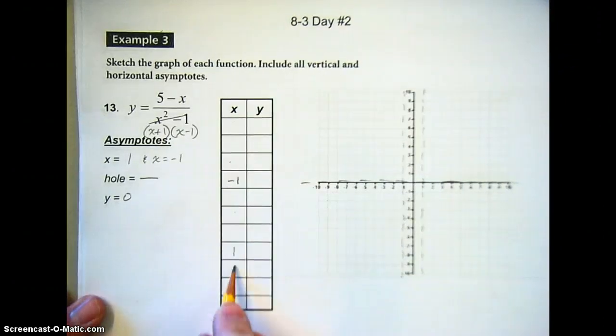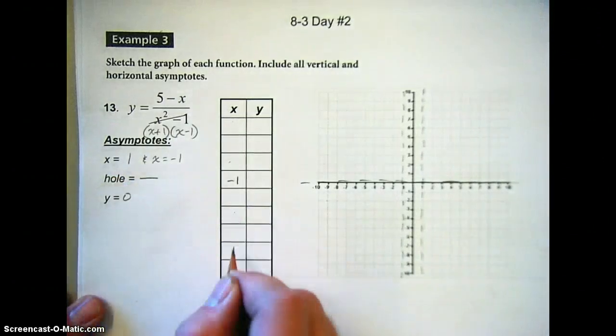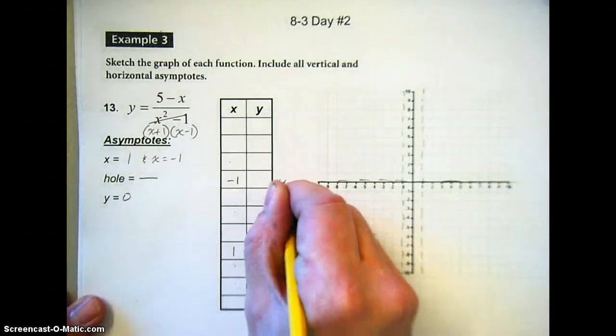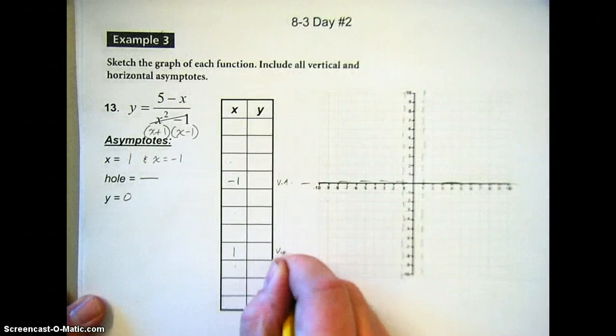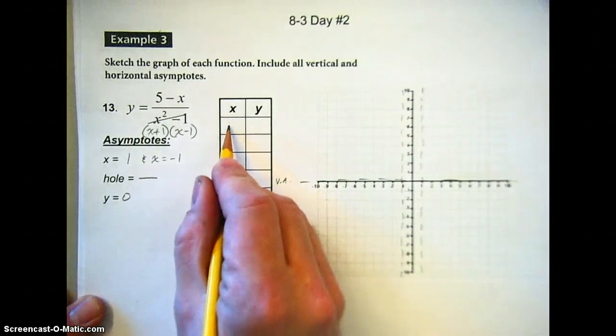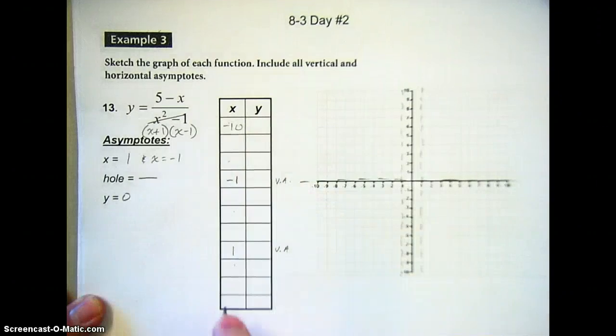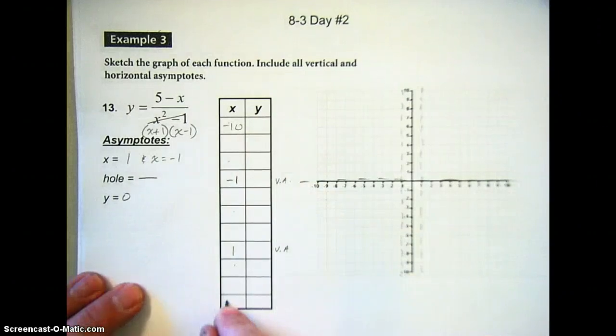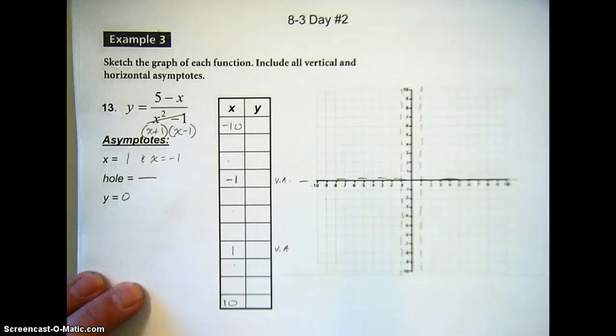This is 1. 1, 2, 3. Our x asymptotes go there. So that's our vertical asymptote. What's going to be up here? Negative 10. What do we end with always? 10. Okay, we good on that?